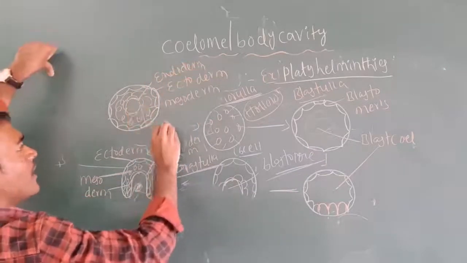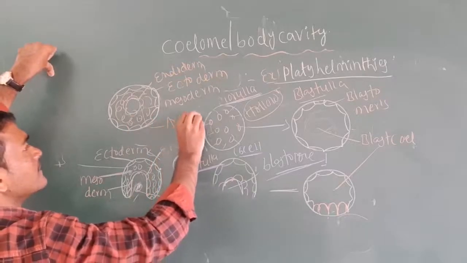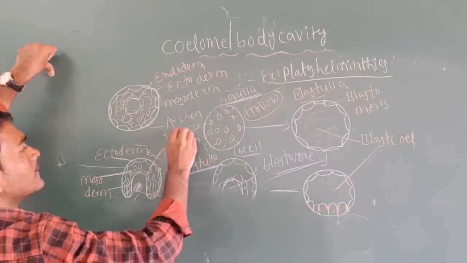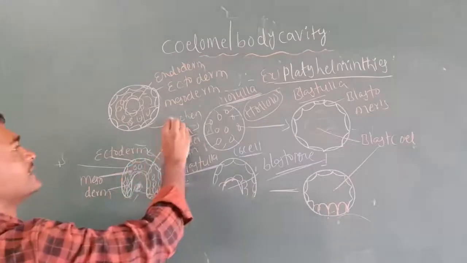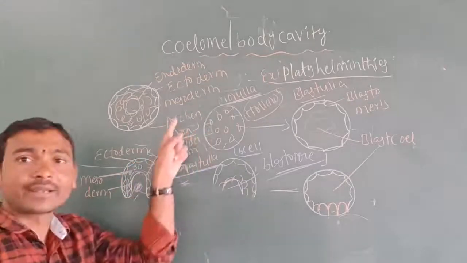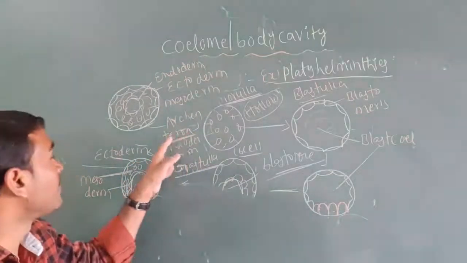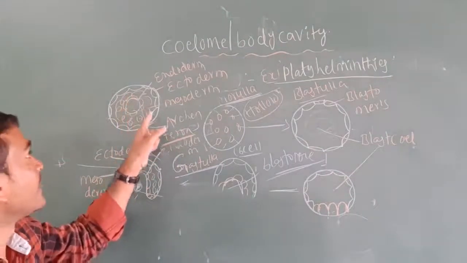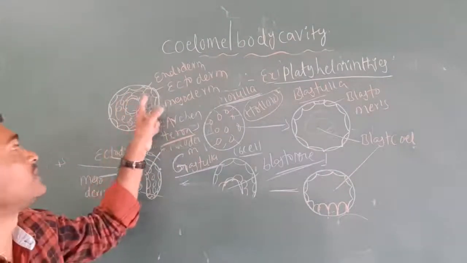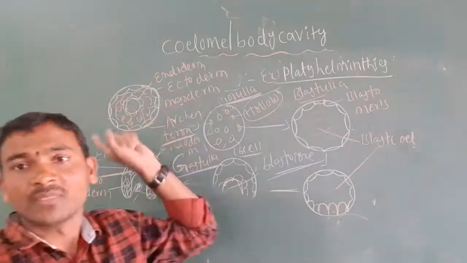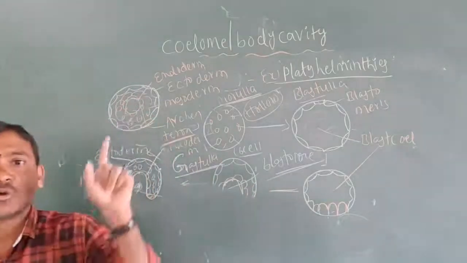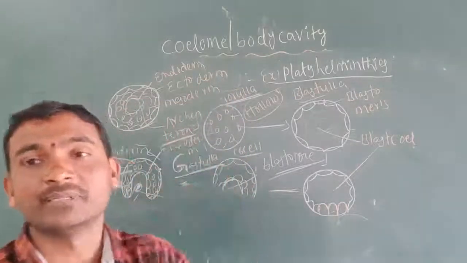This is the archenteron, the primitive gut. Archenteron is the primitive gut of the alimentary canal. So that's why there is no space between the body wall and alimentary canal, and it is called acoelomates. Example is the planarian, which was a previous entrance question.